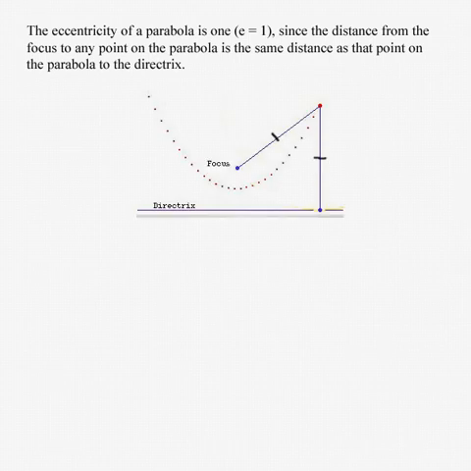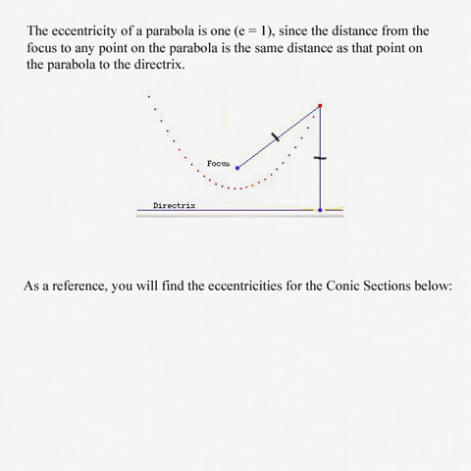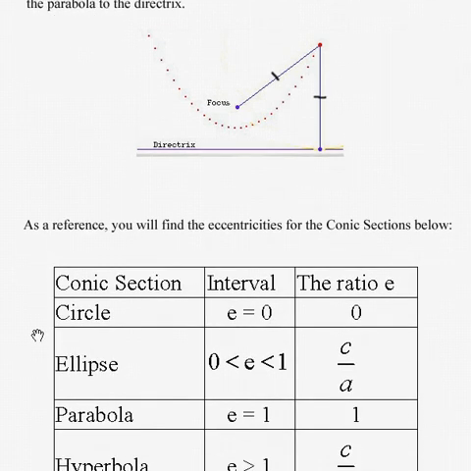So as we saw in this virtual construction at the beginning of our virtual lecture, any point you pick, the distance from that point to the focus is equidistant from that point to the directrix. And what we have then is the distance from the focus to the point is the same, and anything divided by itself is 1. So the eccentricity of a parabola is 1.